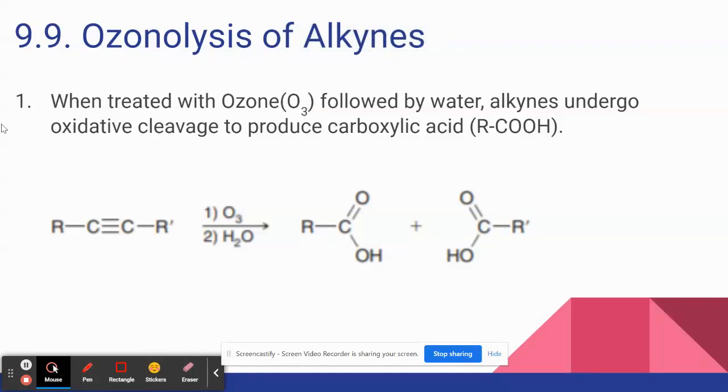9.9 Ozonolysis of alkynes. When treated with ozone or O3 followed by water, alkynes undergo oxidative cleavage to produce carboxylic acids. Look at this example of an internal alkyne undergoing ozonolysis, and we'll get carboxylic acid and carboxylic acid.